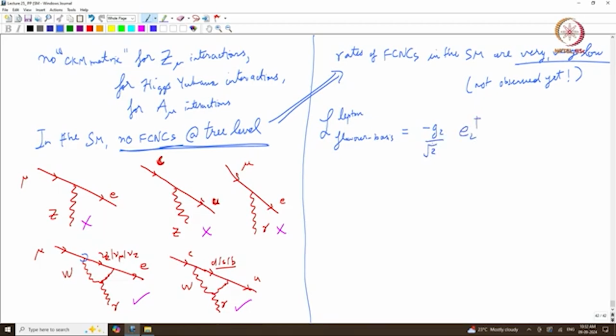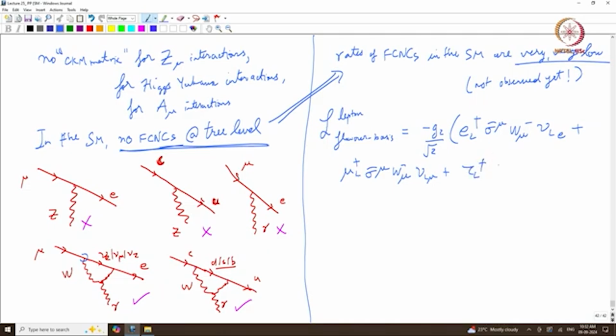Okay, that is this. So, sigma bar mu W mu nu L E, and I am going to explicitly write down all the 3 flavors this time. There is a good reason I am doing this. W mu, okay.